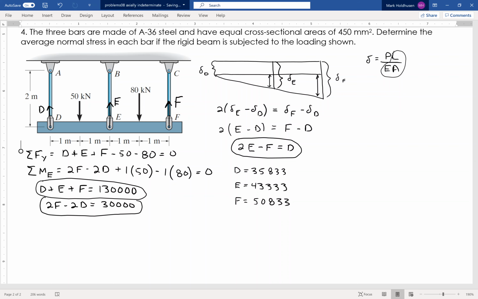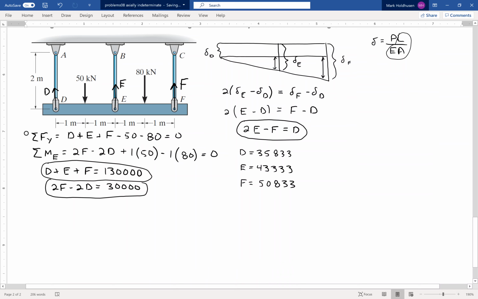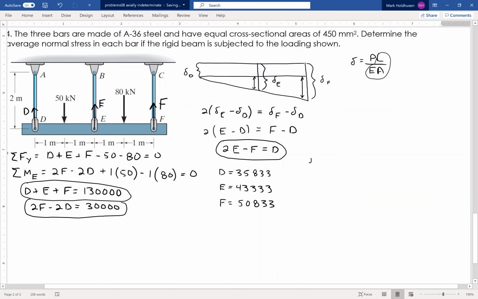Now that I have those, I can find the stress in each one of these. The stress in D is just going to be 35,833 divided by 450 square millimeters.